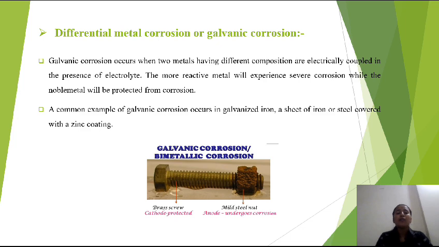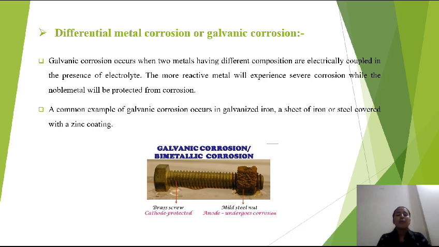First point, galvanic corrosion occurs when two metals having different compositions are electrically coupled in the presence of an electrolyte. The more reactive metal will experience severe corrosion, while the noble metal will be protected from corrosion.